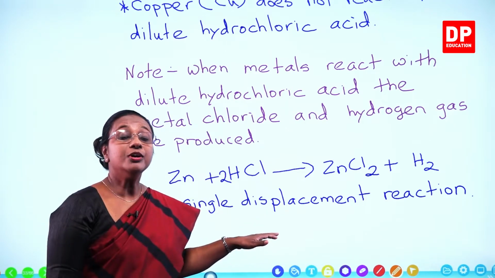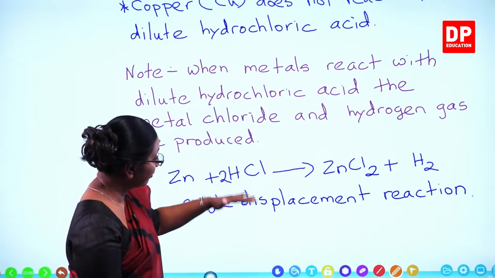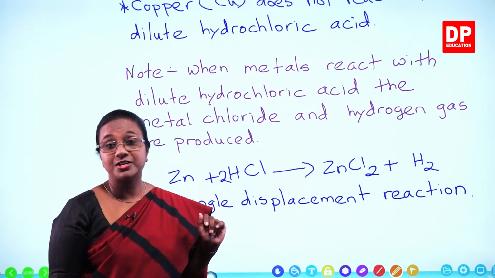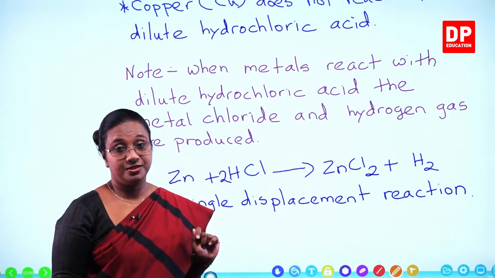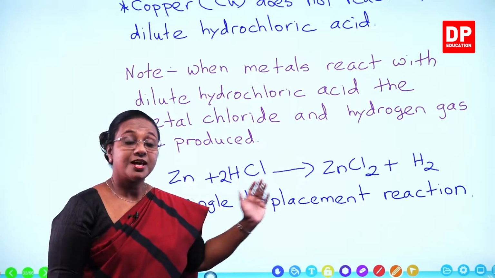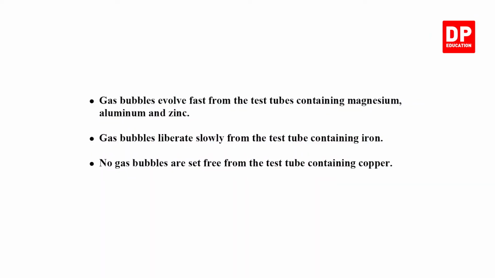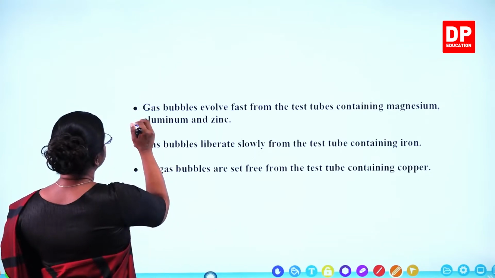So you have to relate everything we discussed before as well. I told you all, when you look at the reactions, you should be able to identify what type of reaction they are, and you should know to balance the equation. So with that, students, I will move on to the next slide. Gas bubbles evolve fast from the test tubes containing magnesium, aluminium and zinc. These are the observations we got.